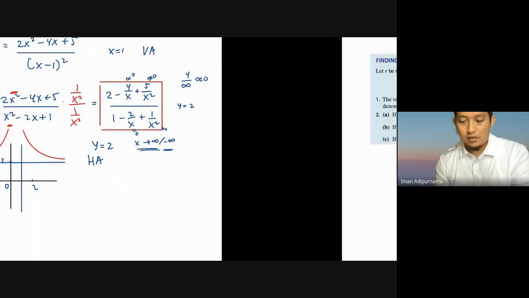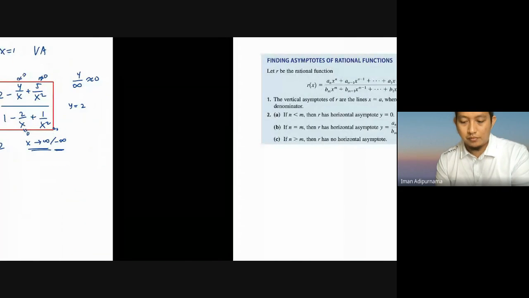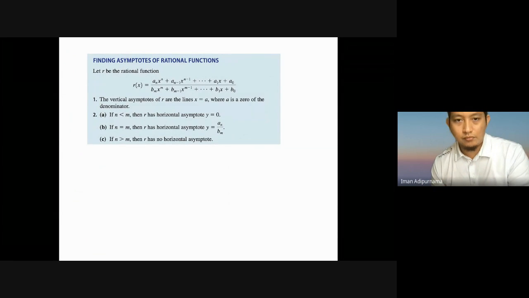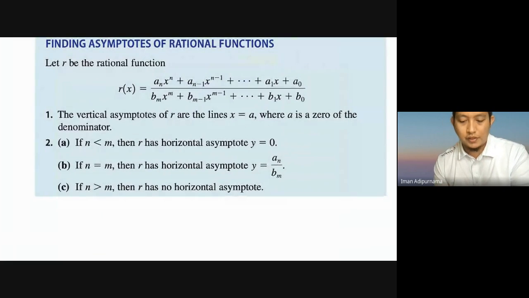Okay. Some theorems I can give you: if you have rational functions R, this theorem says that x equals a will be the vertical asymptote, where a is a zero of the denominator.